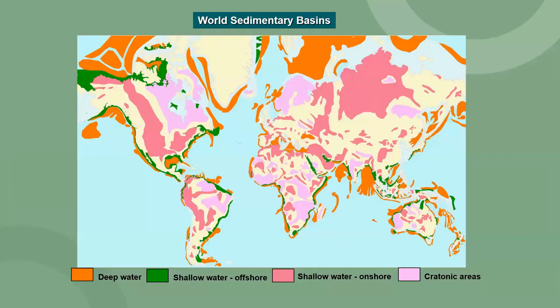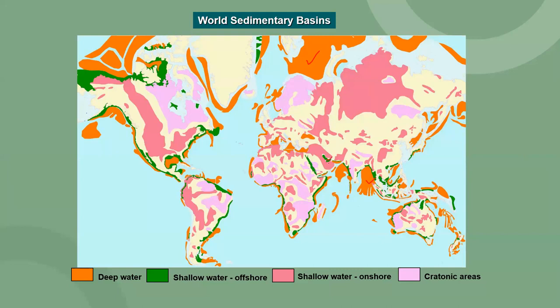If we look at the world sedimentary basins, from regional case studies or regional geological studies, you can get the sedimentary structure of the basin. Here is one example. You can see the orange color shows the deep water basins, then the green is normally at the shelf.